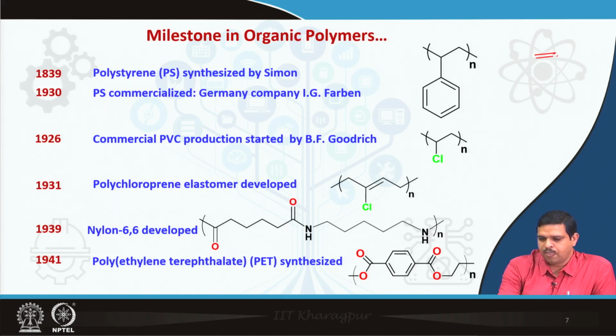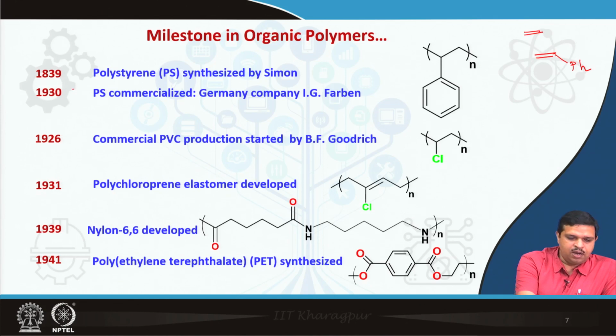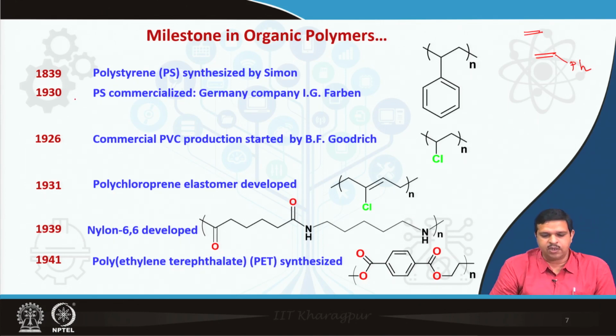Here is ethylene, and if you substitute one proton by phenyl, this is styrene. This is polystyrene, which was first reported in 1839, and after almost 100 years it was commercialized by a German company in around 1930.